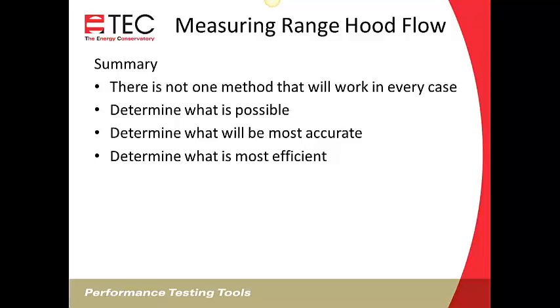If you've got the flow box and it's a standard 30-inch wide range hood, or a real standard range hood, and you've got that set up all connected, then that may be the best. So you'll just have to be flexible, and not one method's going to work in every case.